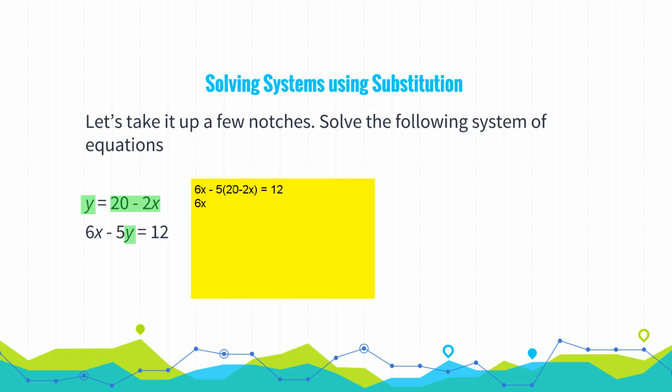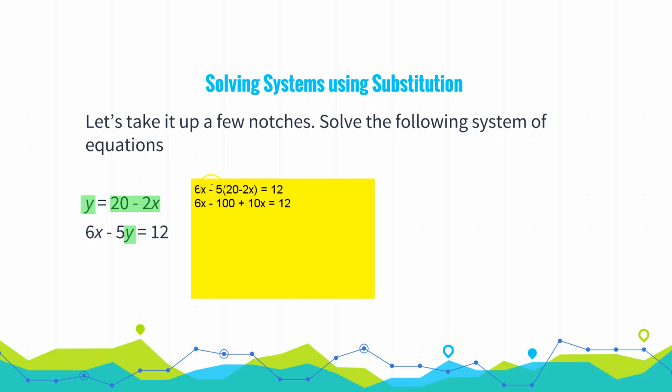So this is going to get us a negative 100. Then when we distribute, we're going to do a negative 5 times a negative 2x. Remember, two negatives make a positive, so negative 5 times negative 2 is a positive 10x. So just be careful about that.